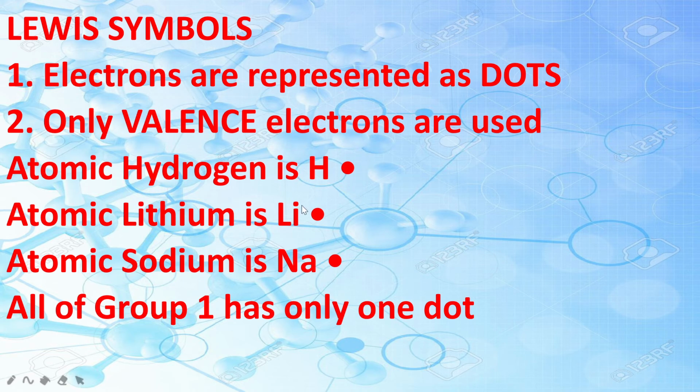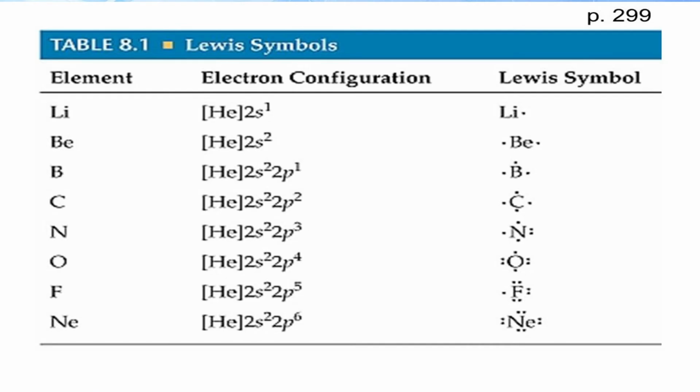So atomic lithium has one and atomic sodium has one also. These elements have only one dot. These are an example of the Lewis symbol. The lithium. Okay, so these are the electron configuration.